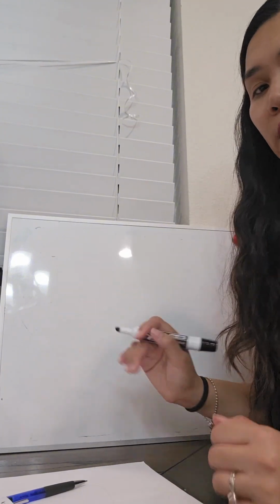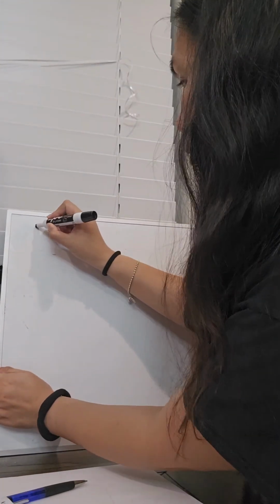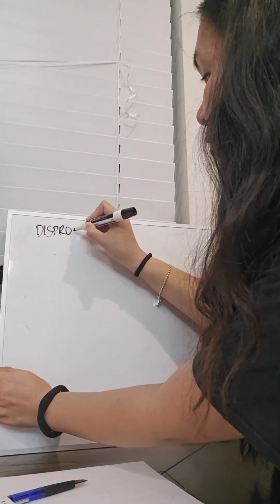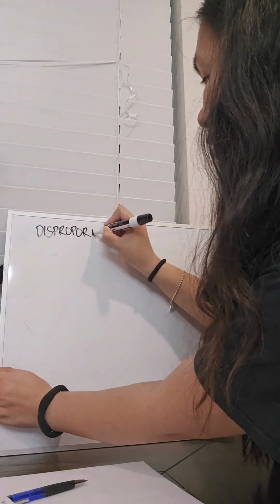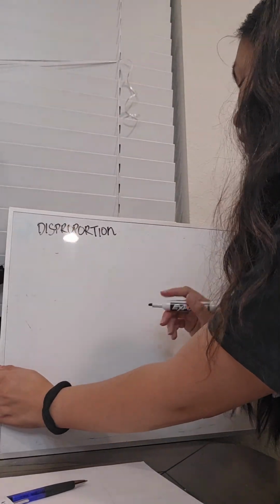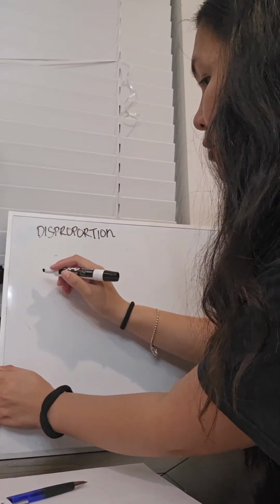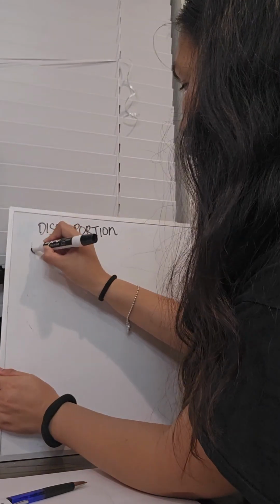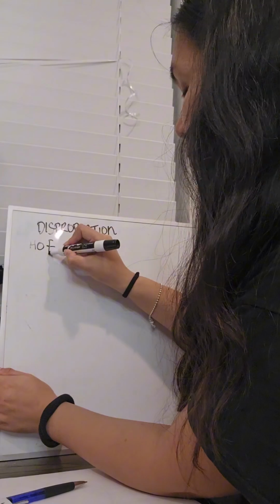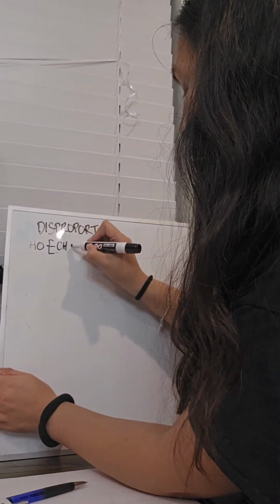Alright, so I've erased everything from earlier since I'm running out of space. So right now I am going to discuss another type of termination, which is the disproportionation. Now this involves transfer of hydrogen atoms. So I'll go ahead and write down my chain first.